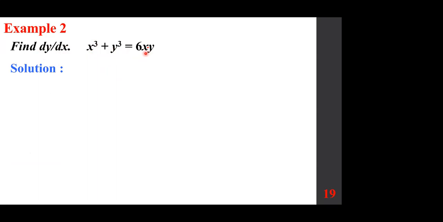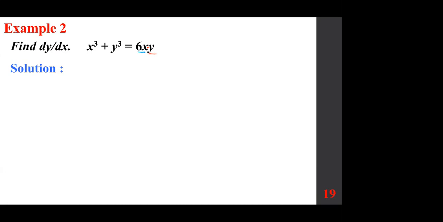Now the right side is a product of 6x and y. In other words, you're dealing with this piece times this piece. So I want to just show you that part in case.